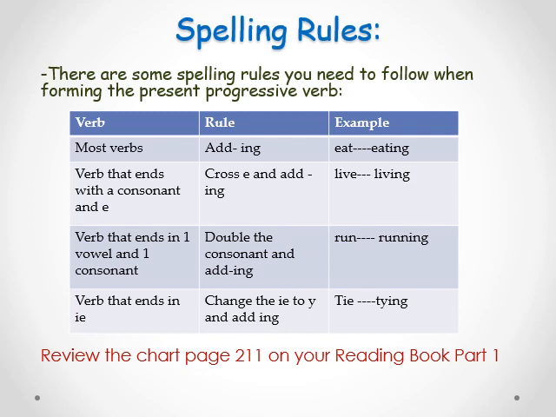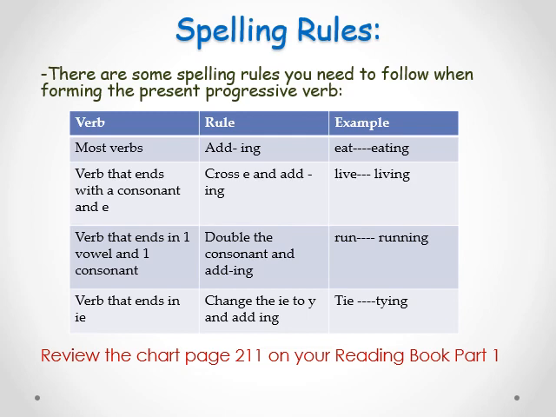Verbs that end with a consonant letter plus e, as in live, the verb live ends with a consonant v plus e. What do you do? You cross the e at the end of the verb and you add ing. So live, you cross the letter e because before the e you have a consonant and you put ing. 3.